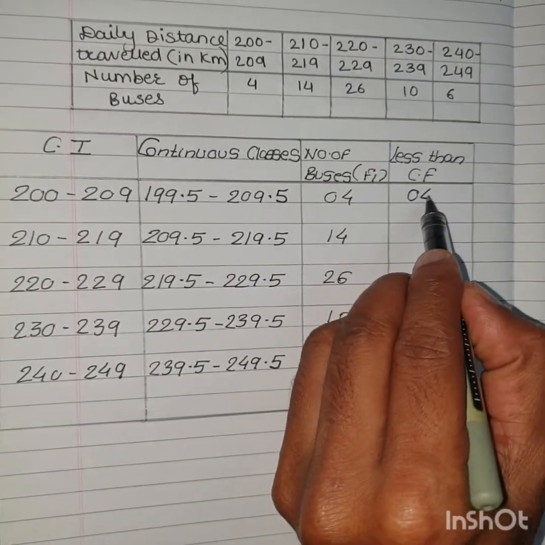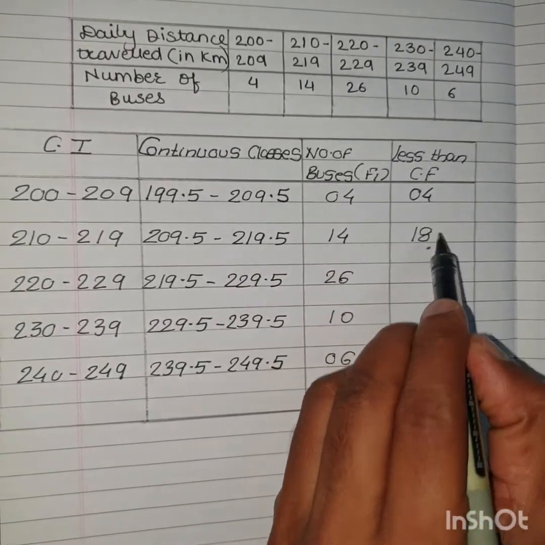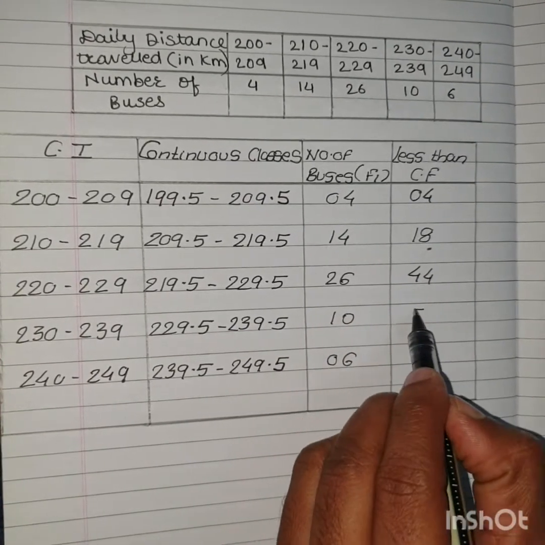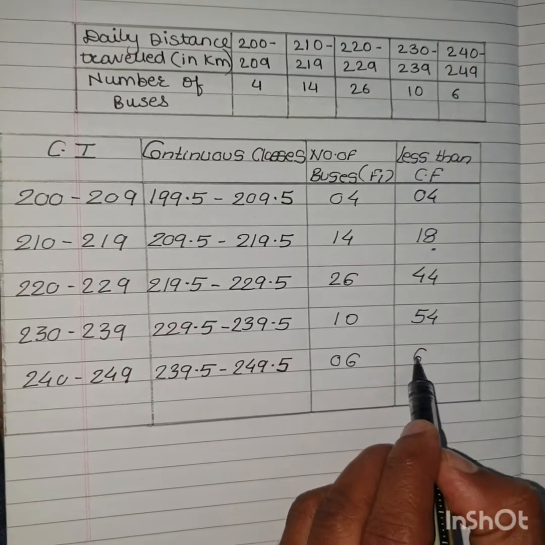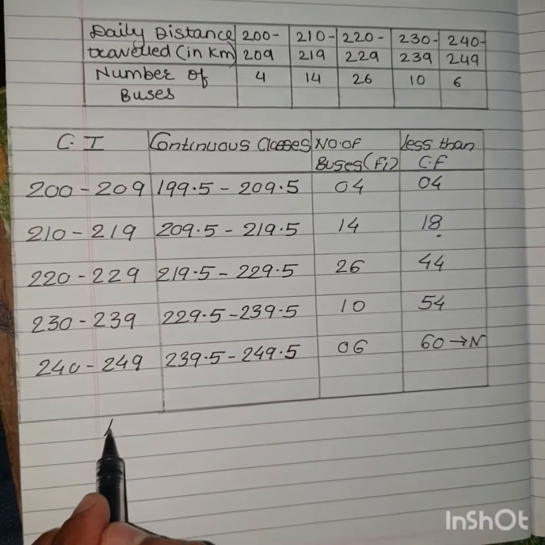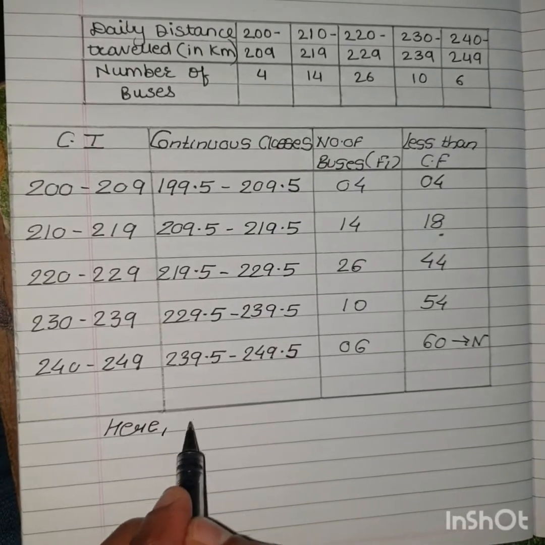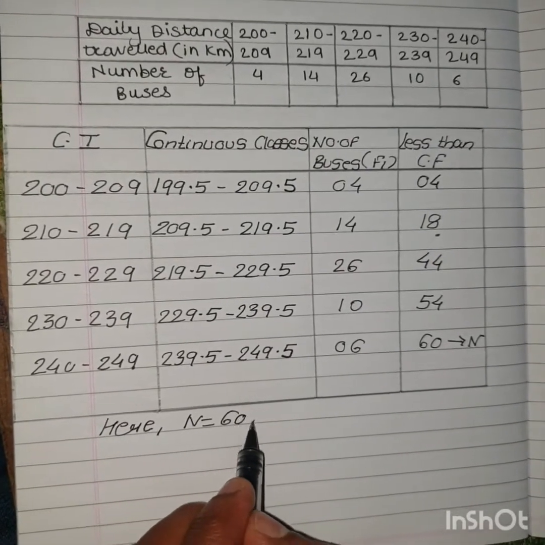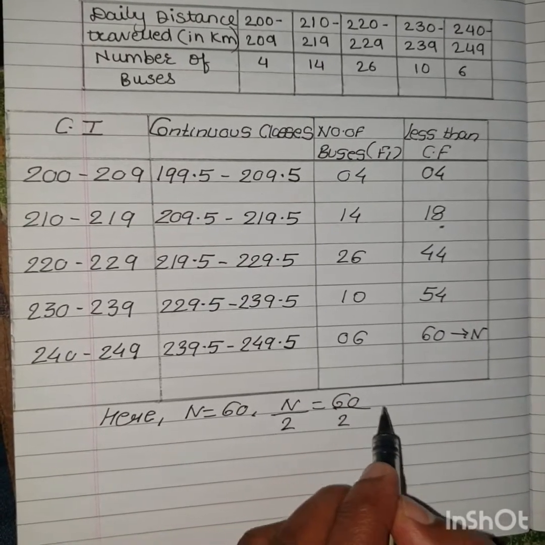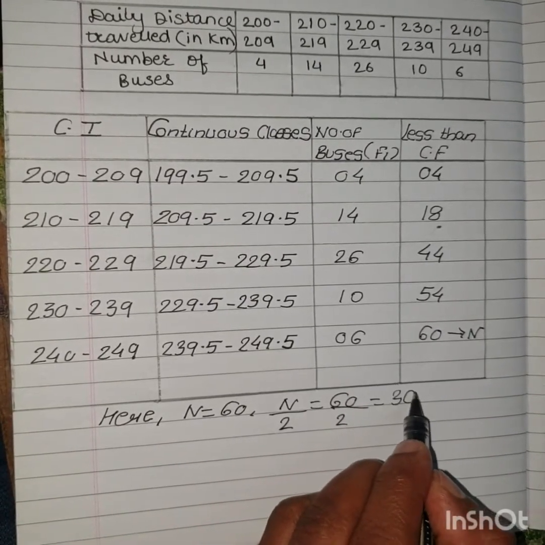First value as it is, add first 2, 18, first 3, 44, 54 and last is 60. It will be our N. So I can say here N is equal to 60. We will find out N upon 2, 60 upon 2, that is equal to 30.